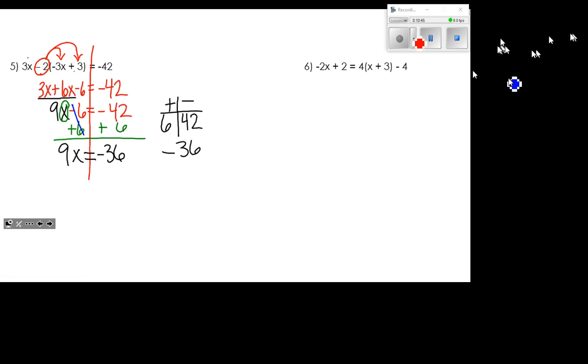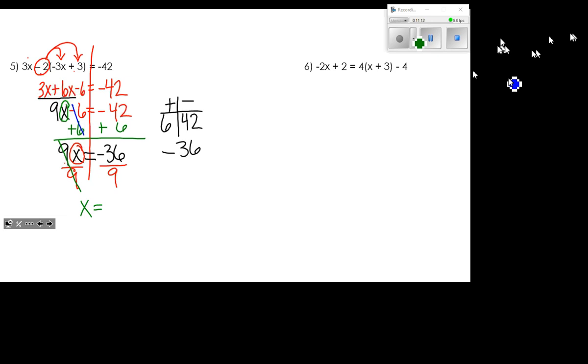Still trying to solve for this variable. So I have 9 times x. The inverse operation of multiply is to divide. So we're going to divide both sides by everything we want to get rid of that's connected to the x, which is the 9. So divide by 9 on both sides. And we can cancel these because they equal 1.